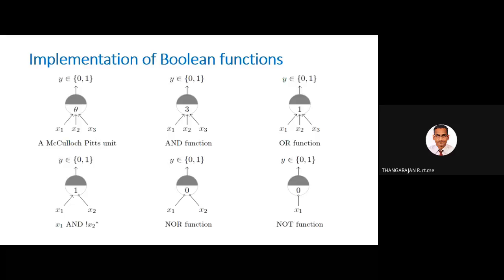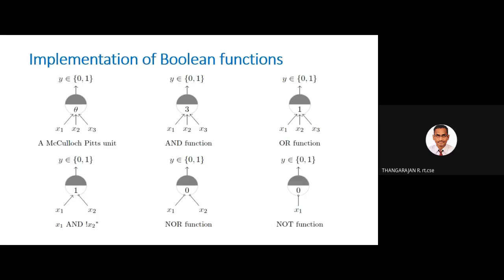Here in this case, you take x1 and not x2. Okay, x1 and not x2. So you find that in x1 and not x2, x1 is an excitatory input, whereas x2 is an inhibitory input because it's not x2.